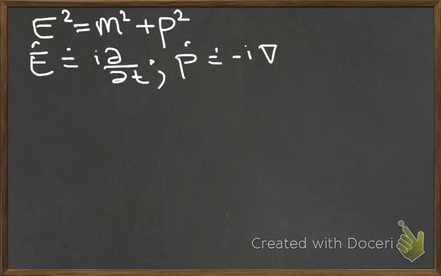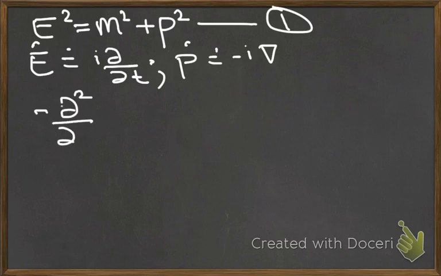So I just have to square both of these quantities and put them back in my equation 1, let's call it. Alright, let's do that. When we do that, what do we get? We get negative i squared, negative partial squared over partial t squared.